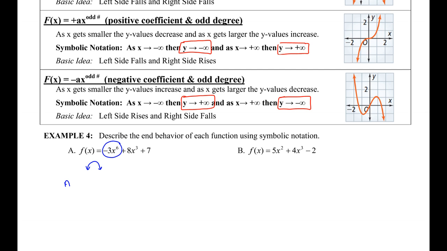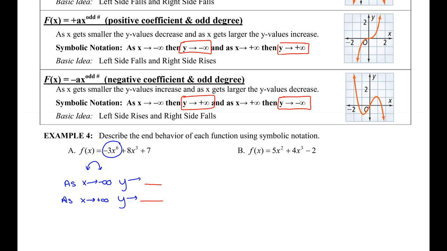I also know that end behavior always starts with a statement: as x approaches negative infinity, y is going to approach, and as x approaches positive infinity, y approaches. And I need to fill in the 2 blanks right here.